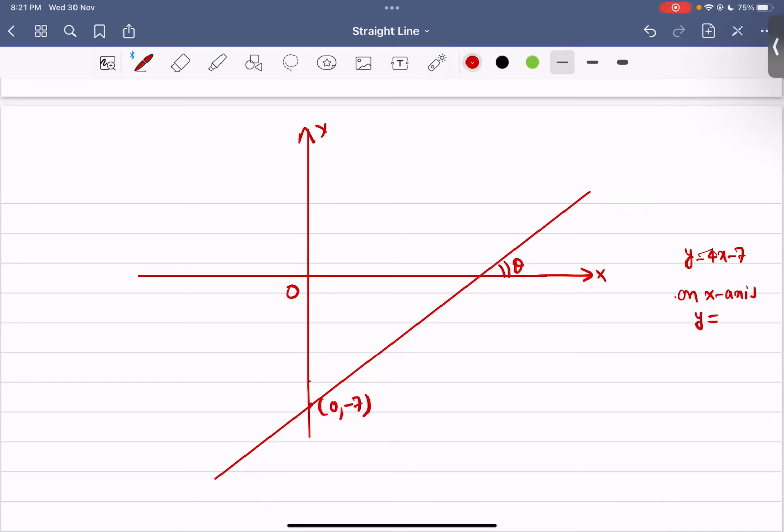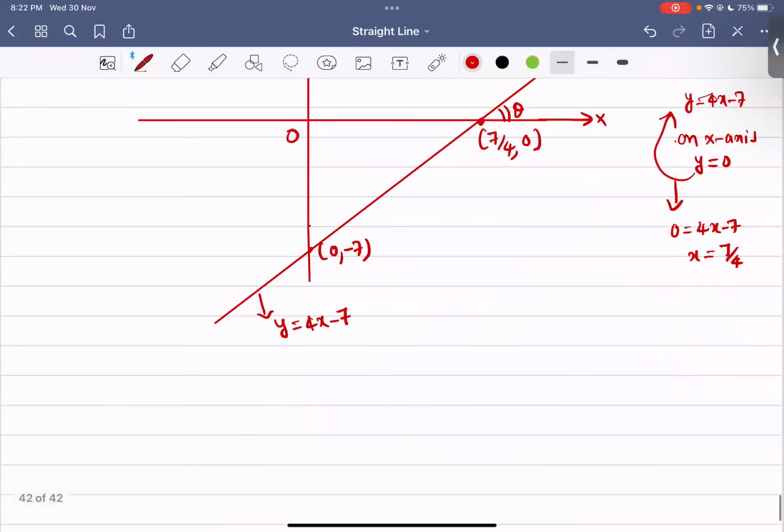If you put y equal to 0 in y equals 4x minus 7, then 0 is equal to 4x minus 7, so x is equal to 7 by 4. Therefore this point is 7 by 4 comma 0. So this is the line y equals 4x minus 7.